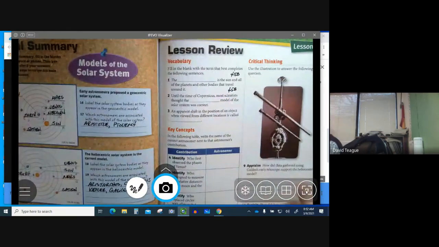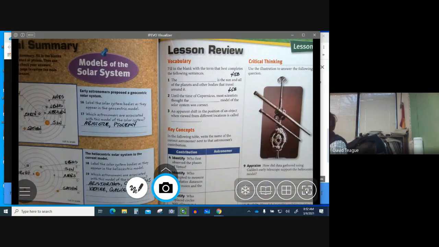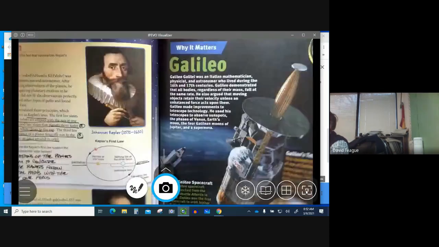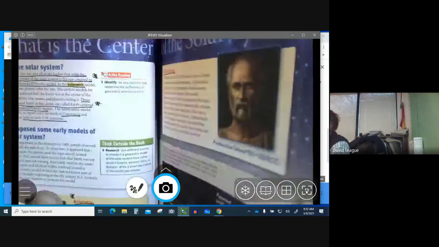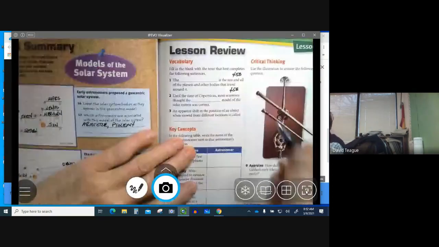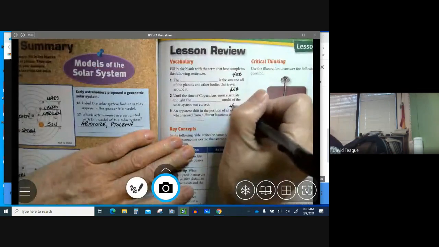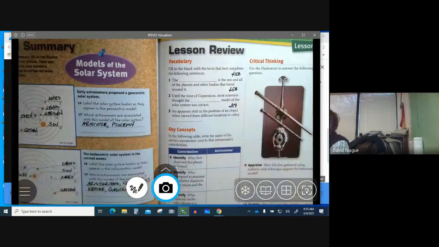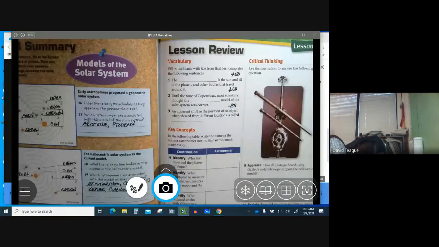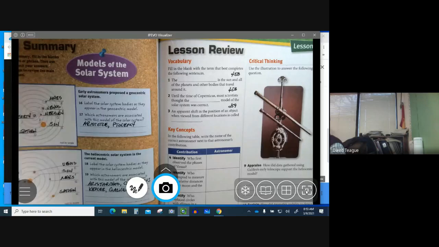Number 3, an apparent shift in the position of an object when viewed from a different location is called, and that's on page 459. Okay. Key concepts in the following table. Write the name of the correct astronomer next to the astronomer's contribution.